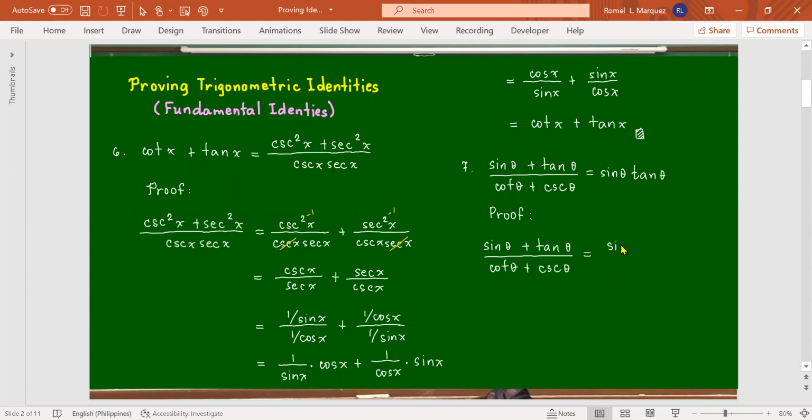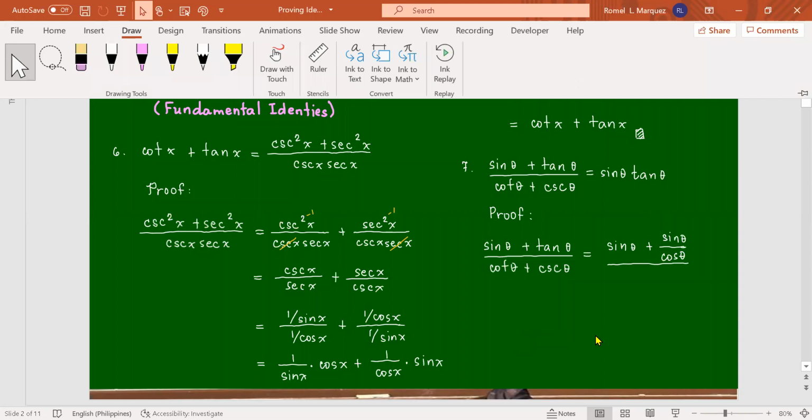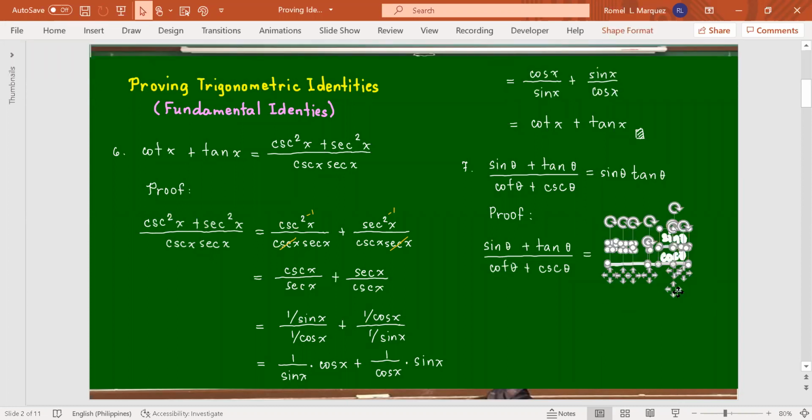This is sine theta plus, so the identity for this is what? Sine theta over cosine theta. Okay? So all over, I think we need to move this so that the fraction bar will be at the middle of the equal sign.